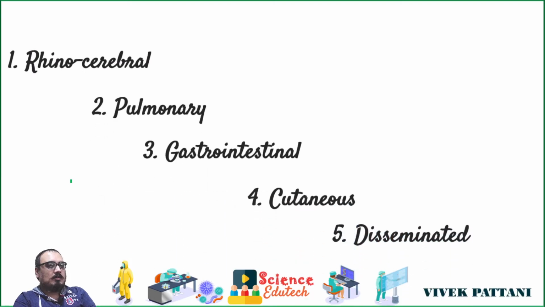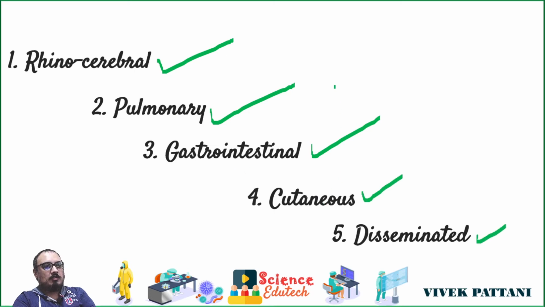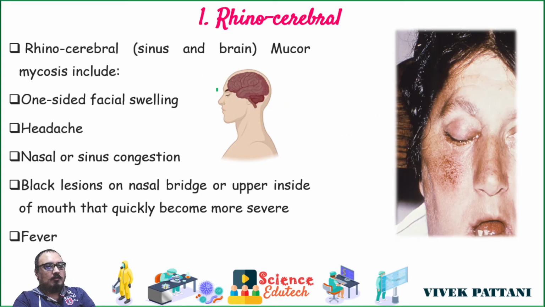There are types of mucormycosis, starting with rhinocerebral, involving the sinuses; pulmonary, the lungs; gastrointestinal; cutaneous, the skin; and disseminated, in the blood. Rhinocerebral deals with the sinuses and the brain. What are the symptoms of rhinocerebral mucormycosis?